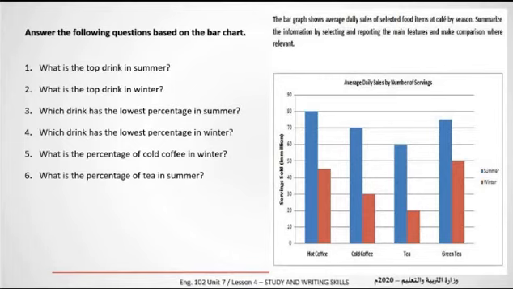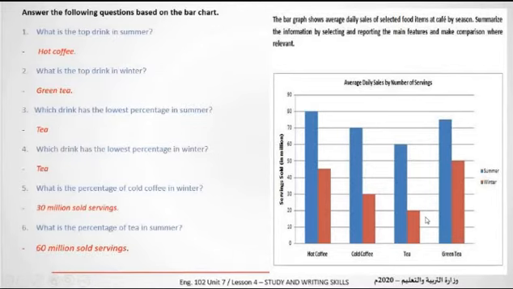Maybe Muhammad Al-Sayyid says hot coffee, green tea, and 30% and 60%. Thank you so much for participating actively. Finally Mustafa. Hot coffee, green tea, 30% and 60%. Thank you so much. Let me show you the correct answers.